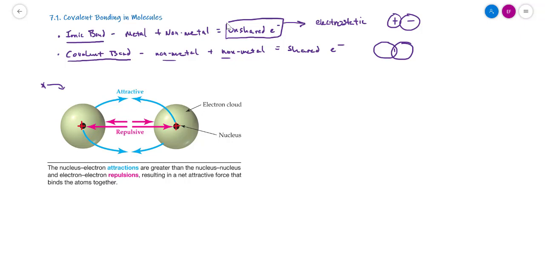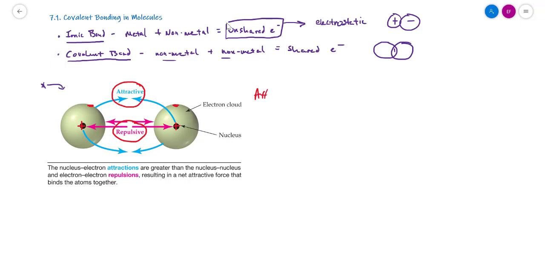But at the exact same time, you've got these negative clouds of electrons that surround the nucleus, and there's going to be an attractive force between the negative electron of one atom and the nucleus of another, and vice versa. And overall, for a covalent bond to form, that attractive force has to be greater than that repulsive force.